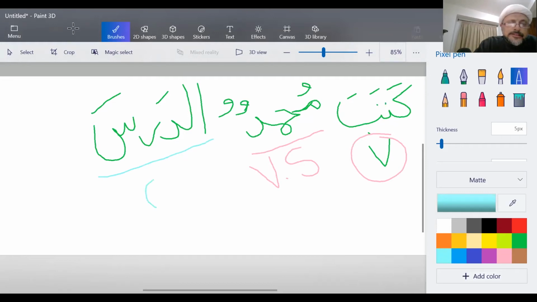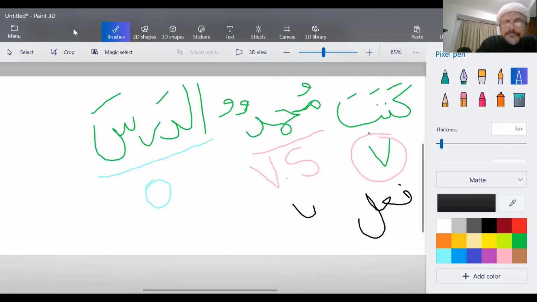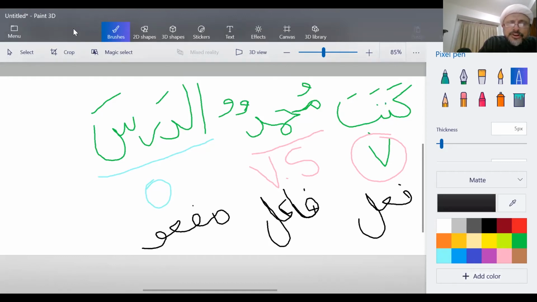So this is fa'il. As I said, at this point, you don't need to know these Arabic words. Just know verb, verbal subject, and object: the one who did and the thing which was done. So now this is the first marfu', correct?